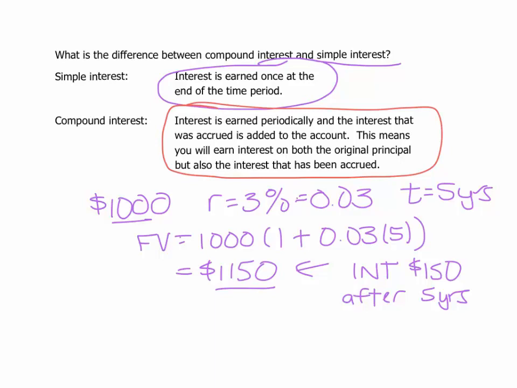So if we're earning interest annually for a period of 5 years, just like we had down here, then at the end of every year, we'd earn interest and that interest would be added to our account. Then, when the interest is calculated for the following year, we'll be earning interest on the original principal value in addition to earning interest on the interest. So compound interest tends to grow at a much quicker rate than simple interest.